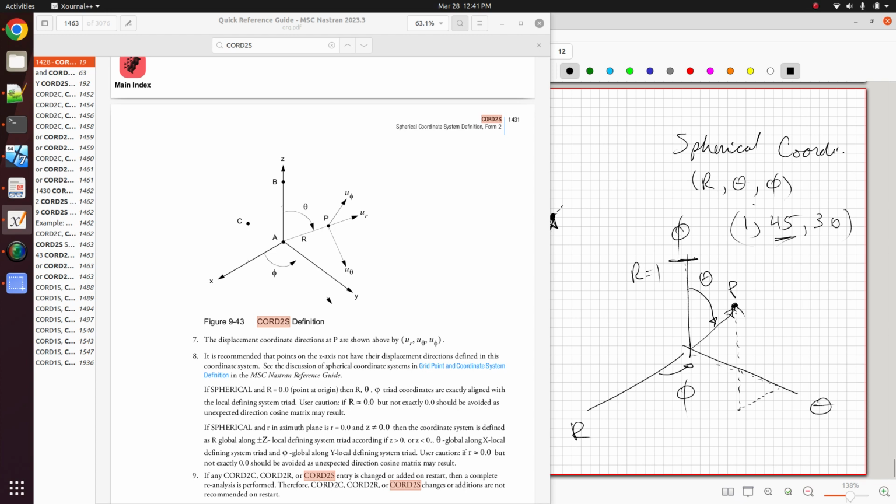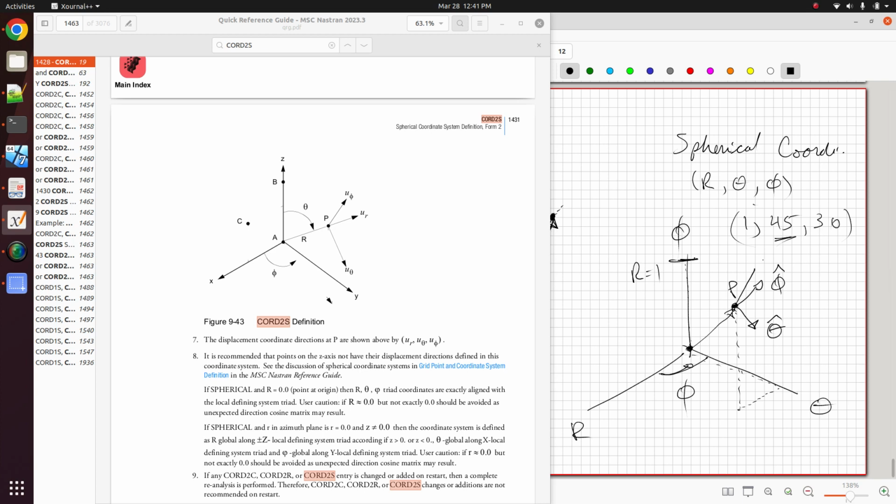So what is that going to look like? You can think that this is theta hat because it's tangent to this theta rotation. And then here, this phi rotation is going to give you a tangent vector, phi hat. And then the r hat is always from the origin to the point.